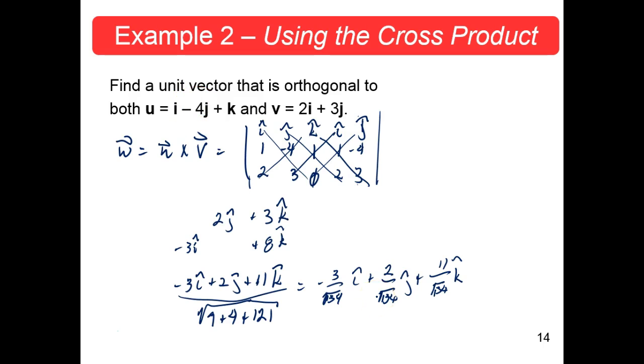Minus 4 times that would be a minus 8 over square root of 134. So minus 3 minus 8 would be minus 11. And then this one would be plus 1 times plus 11, that would be plus 11 over root 134. That adds to 0. Let's do the other one as well. 2 times minus 3 is minus 6 over root 134, plus 6 over root 134, plus 0. Sure enough, the dot products are 0, meaning those are indeed orthogonal. That was just a very quick check.